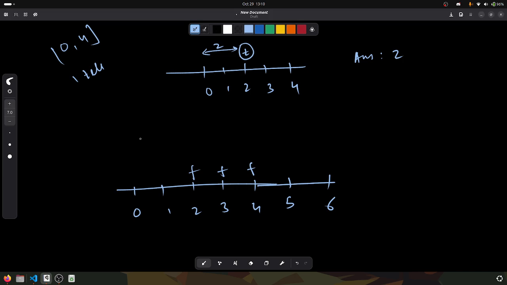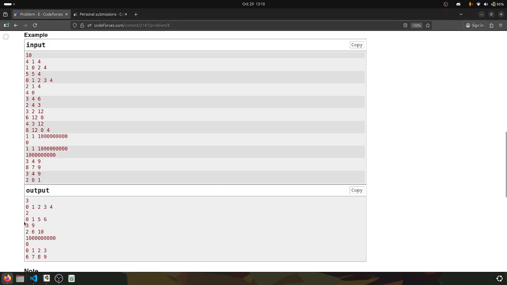So 4 teleporters, right? So obviously if I place the teleporter on any of the friends, then the answer will be 0. So this will be the placement, and the minimum distance will be 1. So this will be the placement, 0, 1, 5, 6.